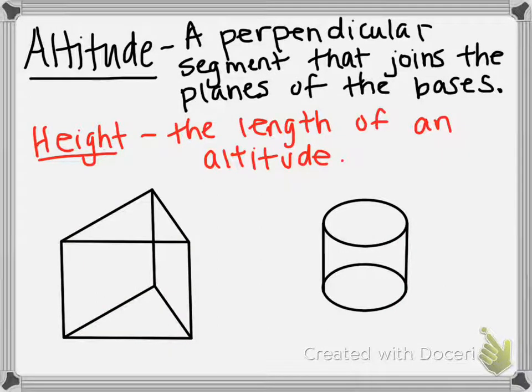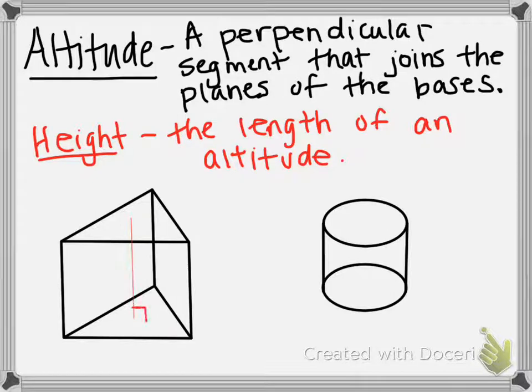So with prisms and cylinders, we're going to have to know these two extra words, which are altitude and height. So altitude is a perpendicular segment that joins the planes of the bases. So let's read into what that actually means. It's a segment that joins the two planes that we have here, but it is specifically perpendicular.